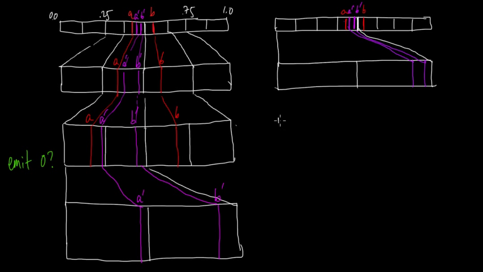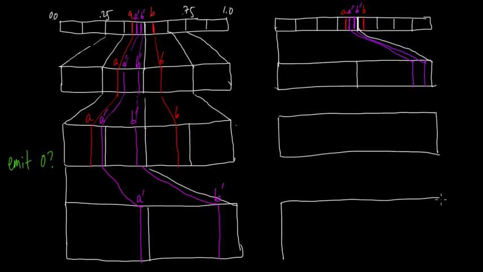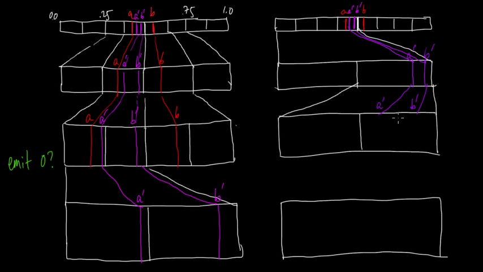And then the next step, I'll go ahead and draw the last one too. Then A prime is greater than a half, so we do this. Then they go here. It's about here. So that's A prime, B prime, A double prime, B double prime. And now, so this is half.